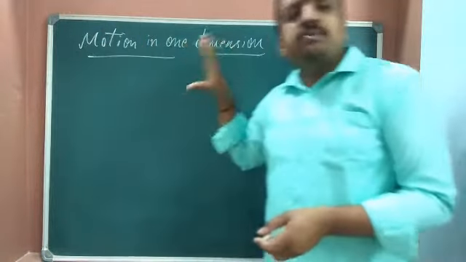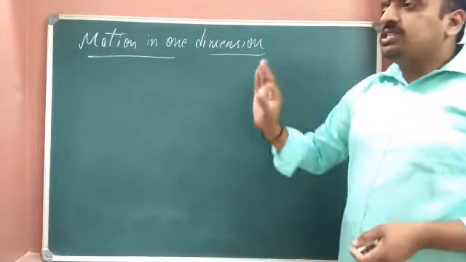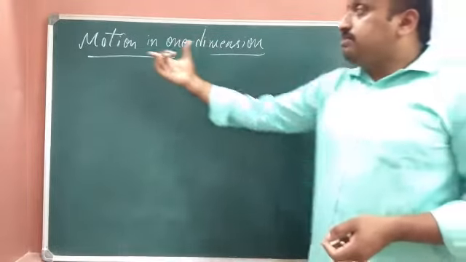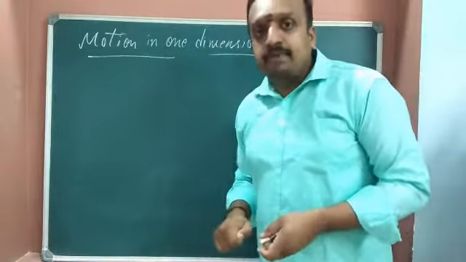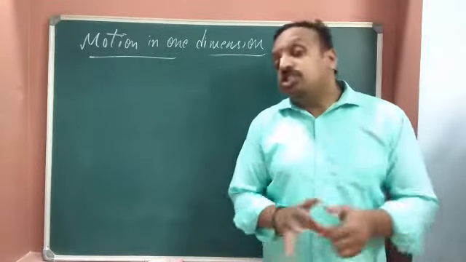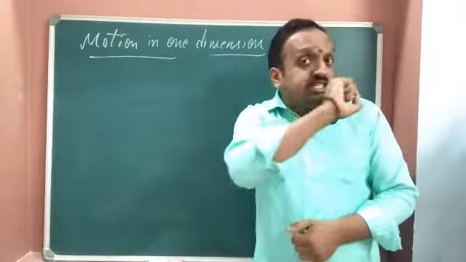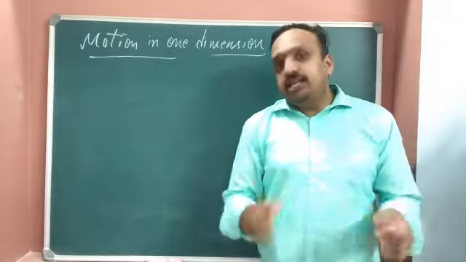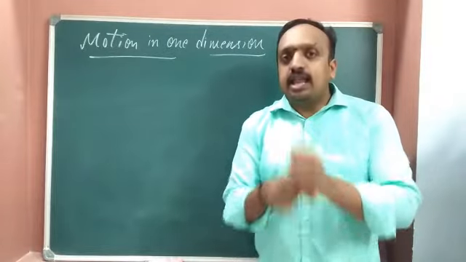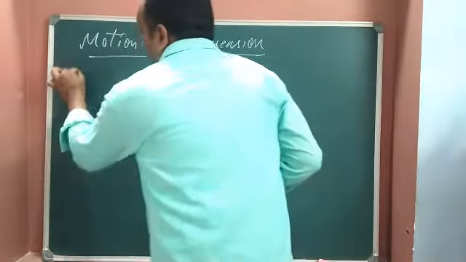It is very simple and very clear. If the object is moving in a straight line, that condition is said to be motion in one dimension. If we plot a graph of position versus time and get a straight line, that indicates that the motion of that object is in a straight line. Observe now.